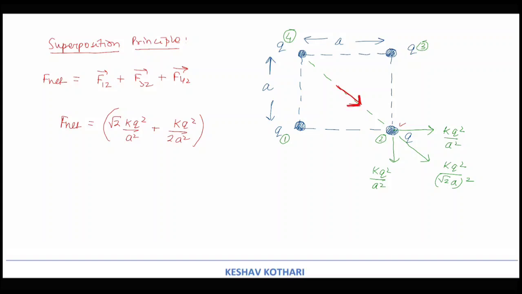So the direction of net force is in this sense. So the value of net force can be written as kq square by a square times (2 root 2 plus 1) by 2, for a four charge system placed on the vertices of a square.